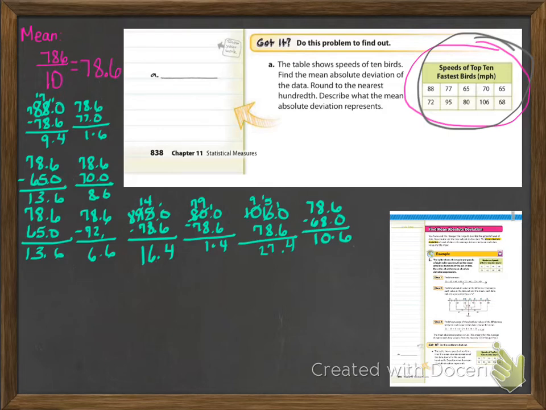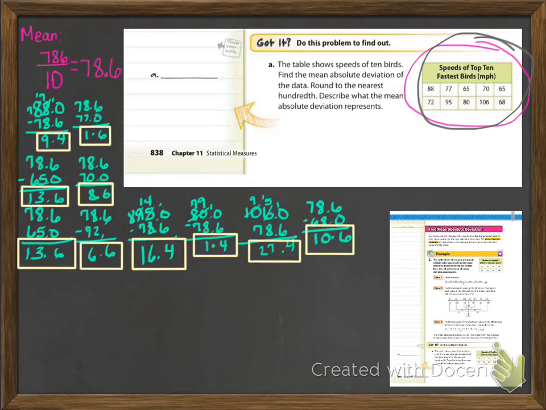Now that I did that for all 10 values, those new 10 numbers that I have, I'm going to put a box around them, I added all of those guys up and divided by 10, and I ended up getting 109.2 divided by 10, so therefore I got 10.92.